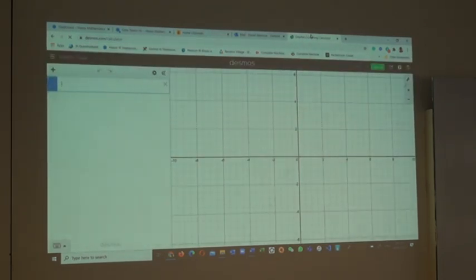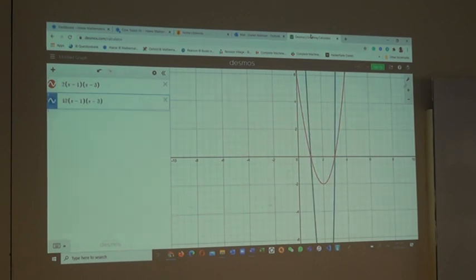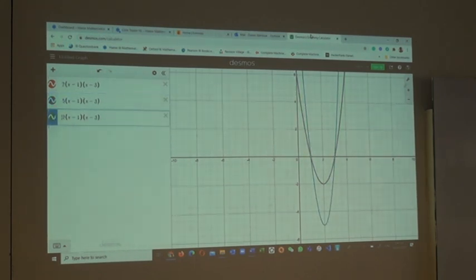Alright, so let's see what happens if we have 2 bracket x minus 1 bracket x minus 3 compared to if you change that to 12. You see it becomes narrower, or maybe 5, okay, or better still the same x minus 1 x minus 3.